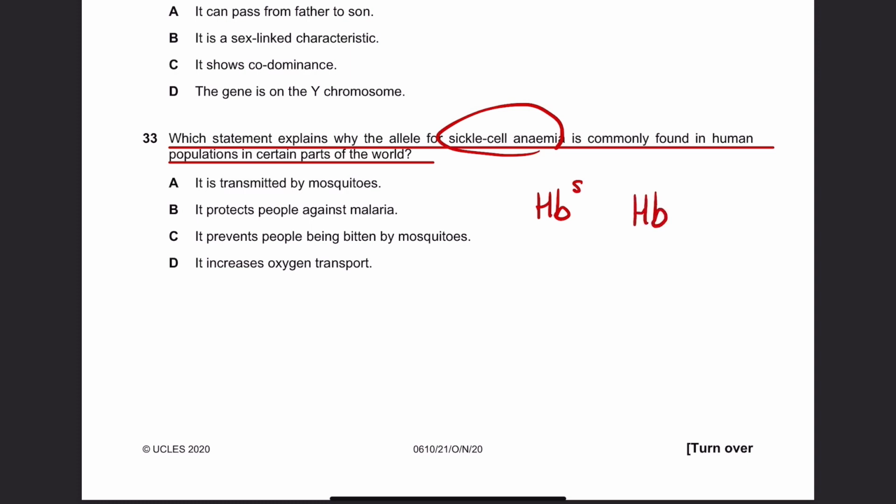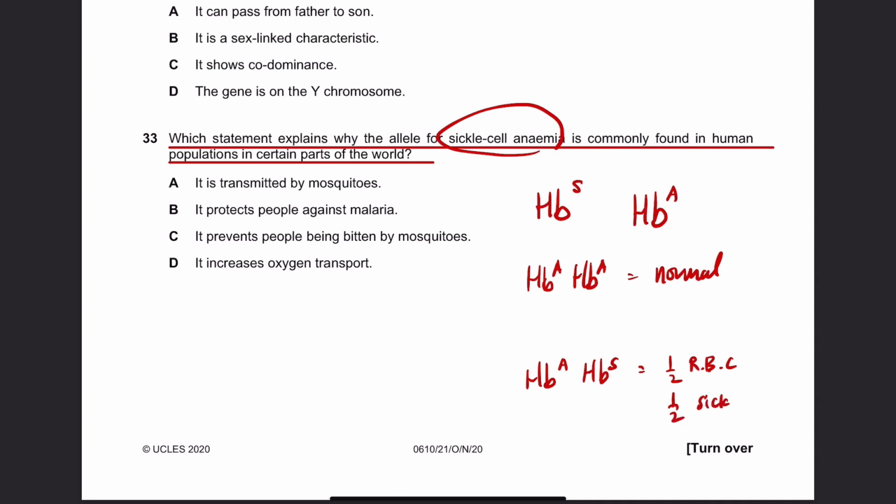If you have two HbA, you're normal. So having two of these, you have normal red blood cells. If you have one A and one S, then you are not a carrier, but like half of the red blood cells are normal and half of them are sickle-shaped red blood cells.